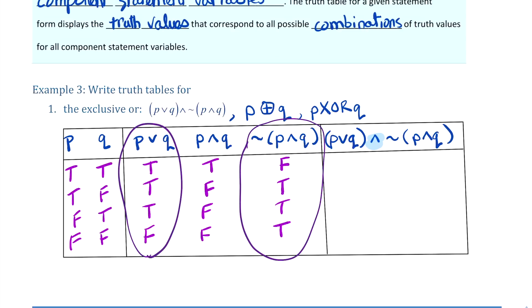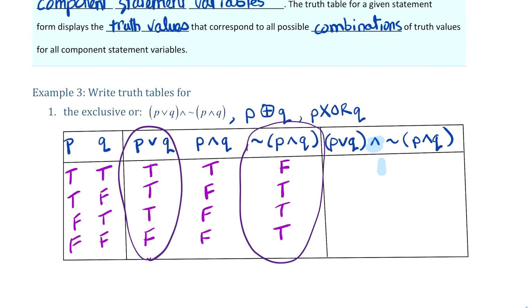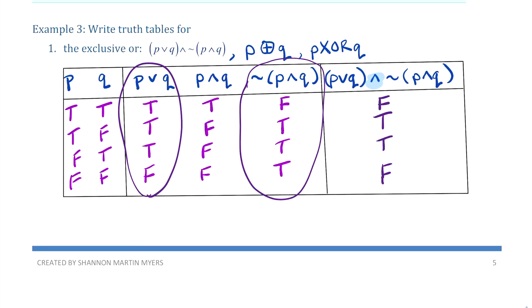And remember, the conjunction is only true when, if you have two expressions, they're both true. So this first one would be false. We'd have a true and a true, so the second would be true. True and a true, and then false and true would be false. Right? Groovy? So that's it. That's the truth table. So you know which ones are true and which ones are false.